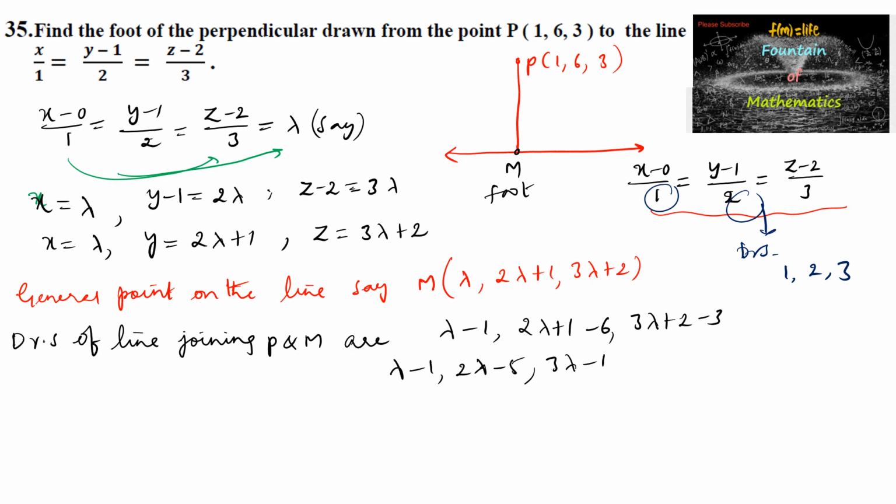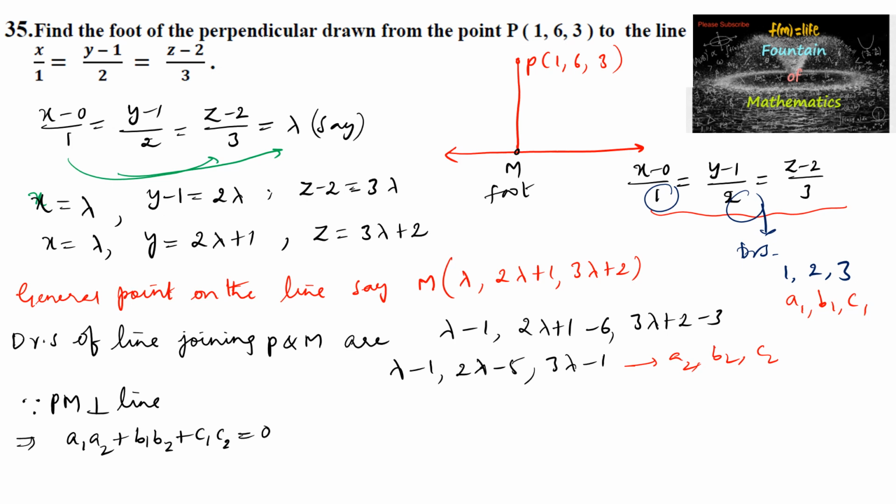Say these are A1, B1, C1, and let us consider these direction ratios as A2, B2, and C2. Since PM is perpendicular to the line, we can say that A1 A2 plus B1 B2 plus C1 C2 is equal to 0.